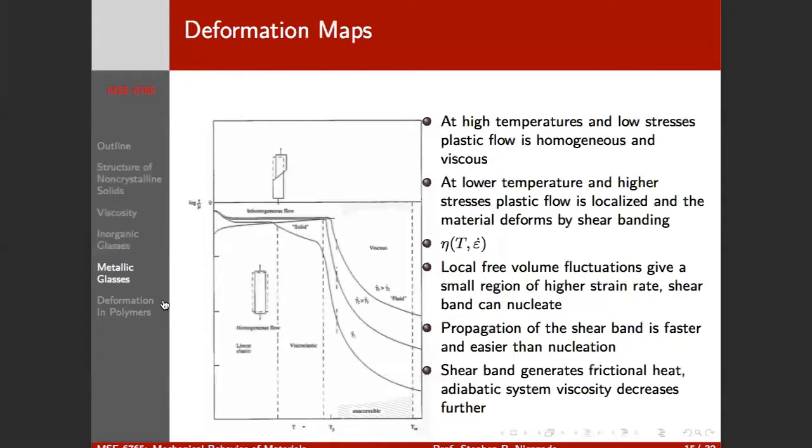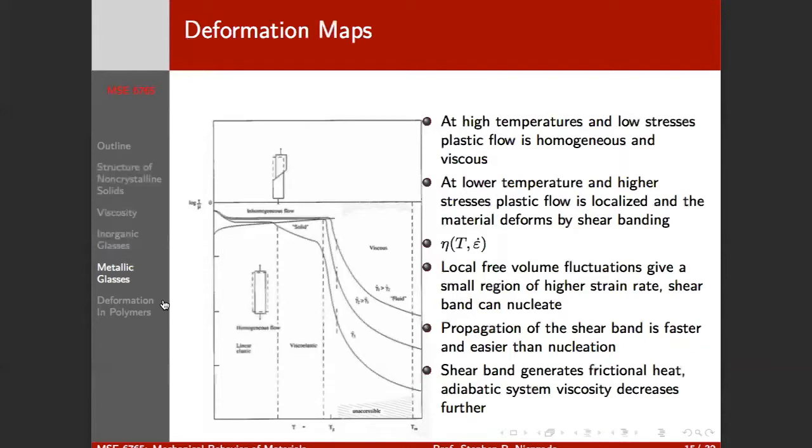If we raise the temperature up, we go into a viscoelastic region and then into a fluid region. If we increase our stress, right, this is stress divided by shear modulus, so as our stress approaches our shear modulus value, we enter this completely inhomogeneous flow region. So what happens?